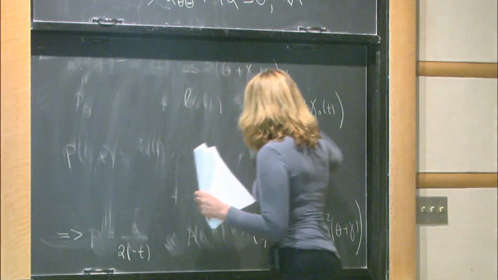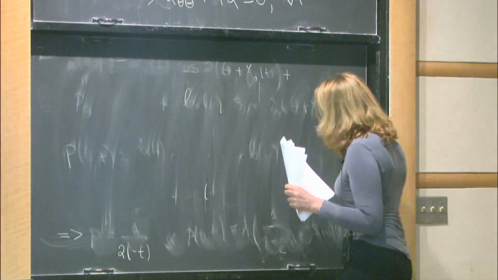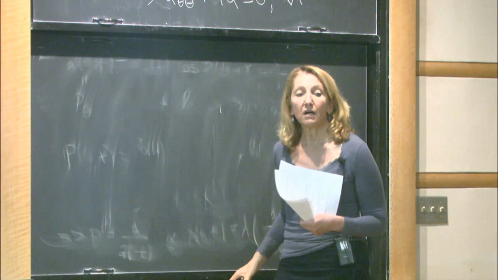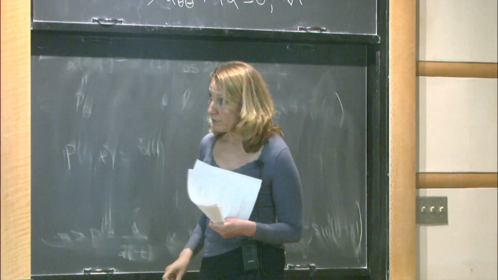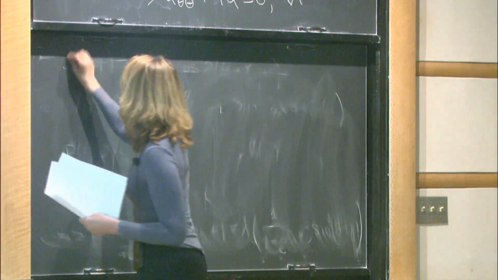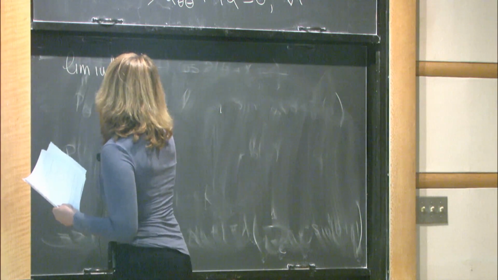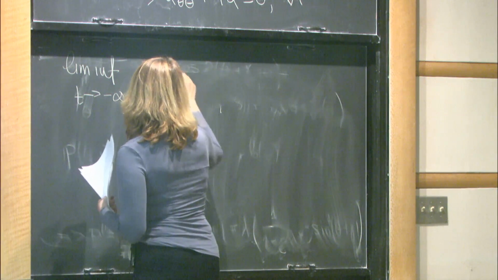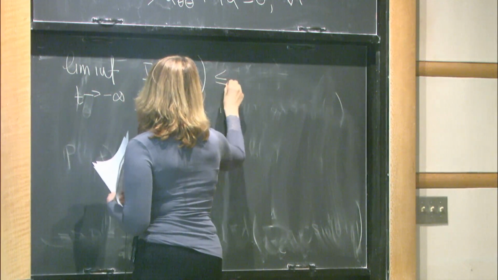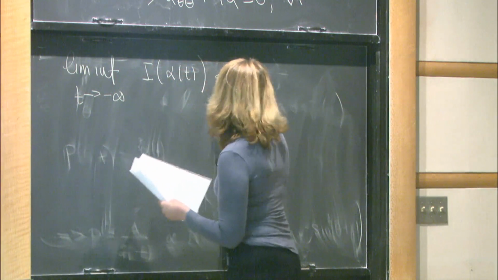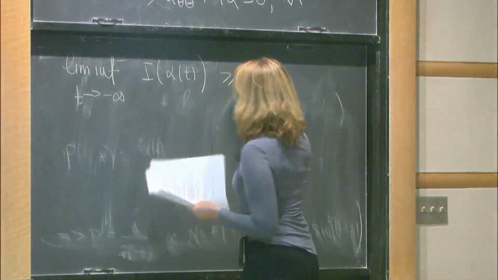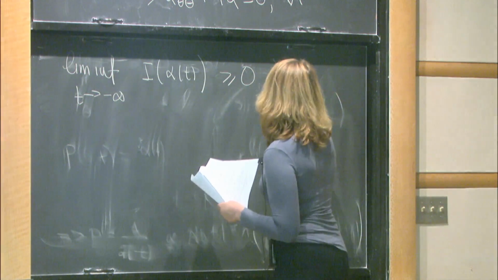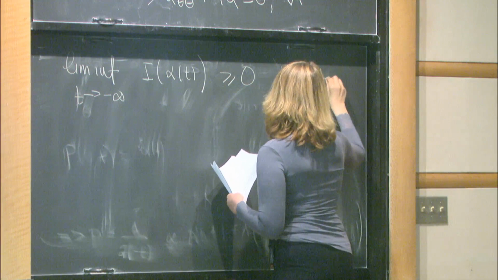The most interesting result, because this is where we use that the solution is ancient, is that the limit inferior as t approaches minus infinity of I of alpha of t is bigger than or equal to 0. This is the key step to prove the proposition.